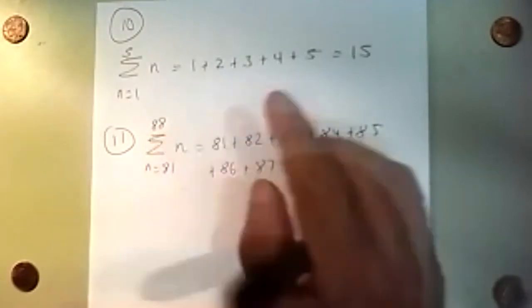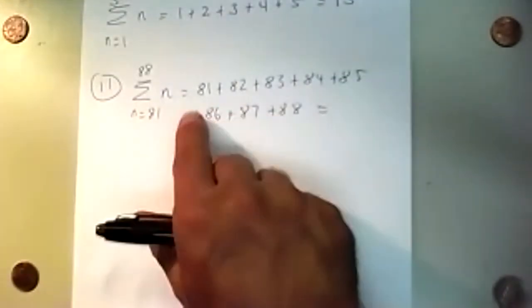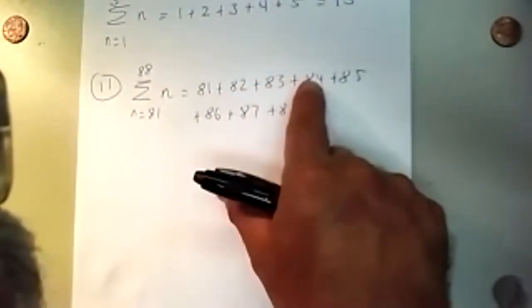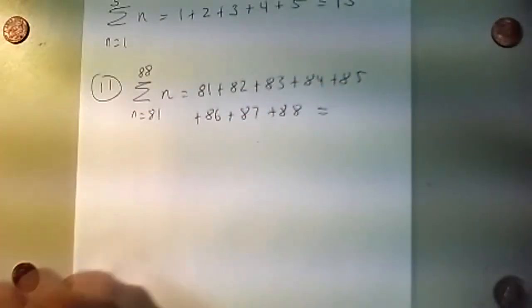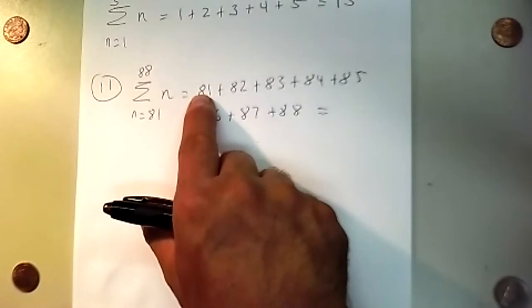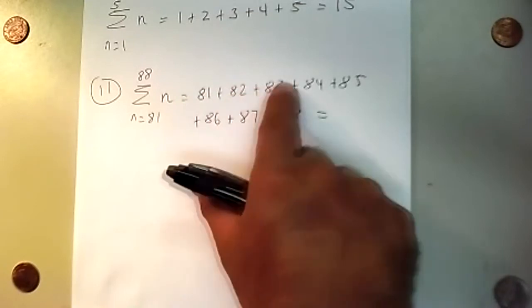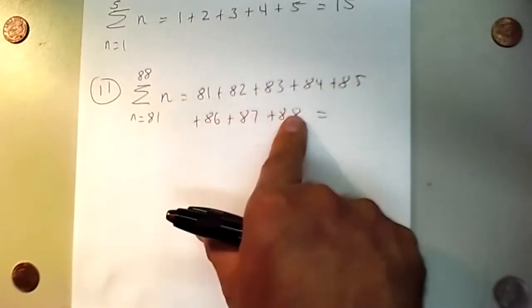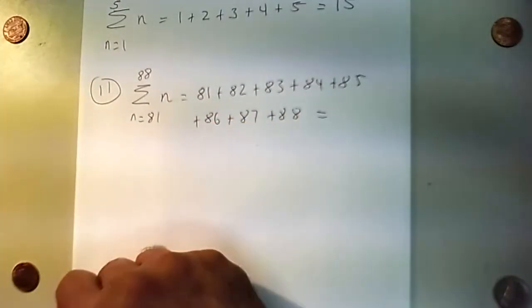That's where we stop. So we have to figure this out. I'm going to do some computations on the side. We have 1, 2, 3, 4, 5, 6, 7, 8. And we can think of this as 8 80s. We can break this up into 80 plus 80 plus 80 plus 80 plus 80 plus 80 plus 80 plus 80 plus 1 plus 2 plus 3 plus 4 plus 5 plus 6 plus 7 plus 8.